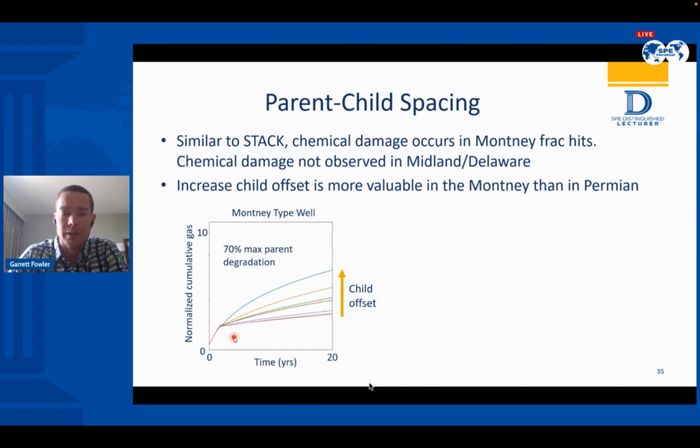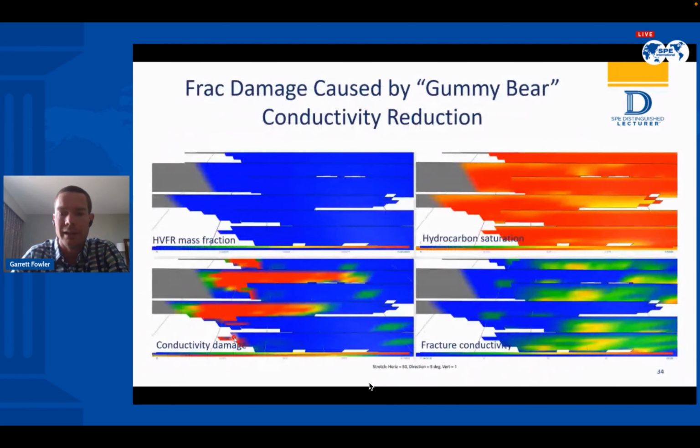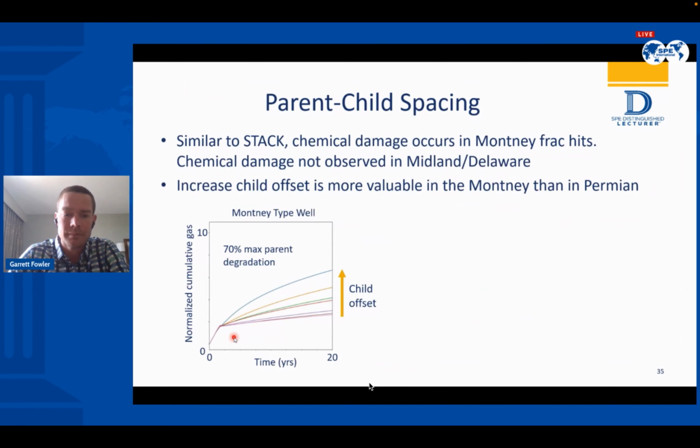This was verified by Devin. They did coiled tubing cleanouts. They were able to pull out kind of a gooey substance that a subsequent JPT article referred to as gummy bears, and test that in a lab and figure out what the component analysis was.